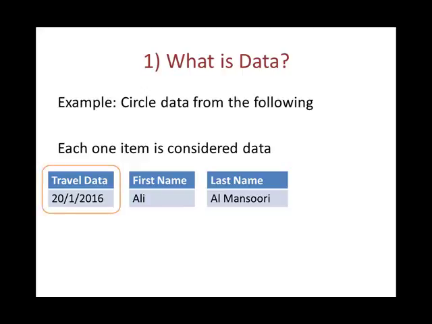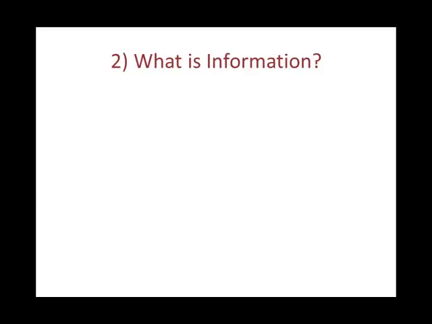Basically we will look at each one. Each one represents data. For example, travel date is data, first name is data. In our case here, the first name is Ali, and the last name Al-Mansouri is also data. So each one of those elements is data.